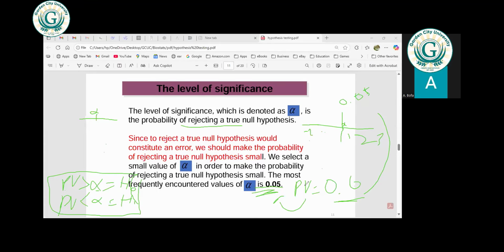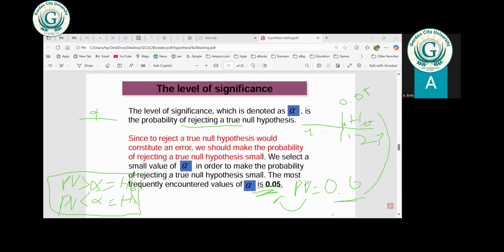Do you all agree with me that it's going to be on the right-hand side of 0.05? Because it's greater. So I can write here H subscript 0, H naught, which means the null hypothesis. Is that clear?